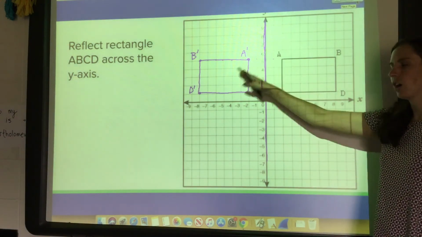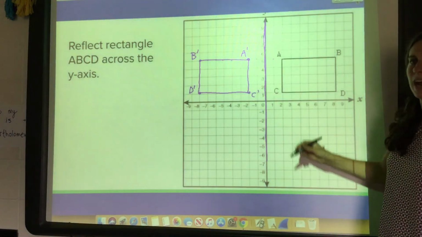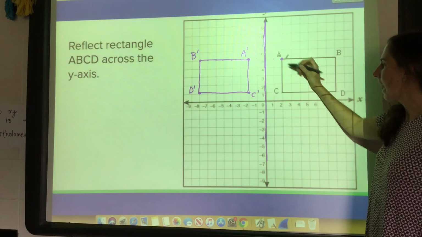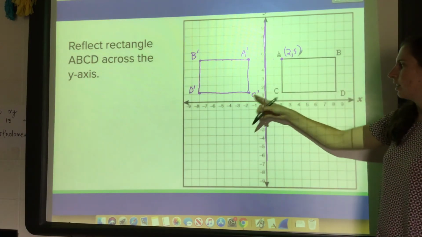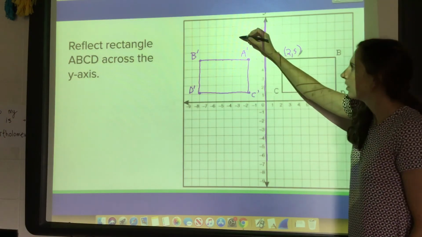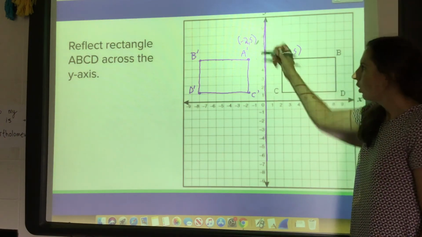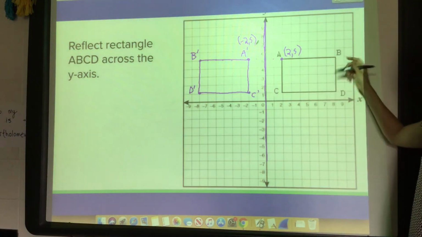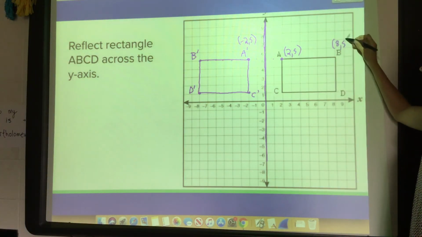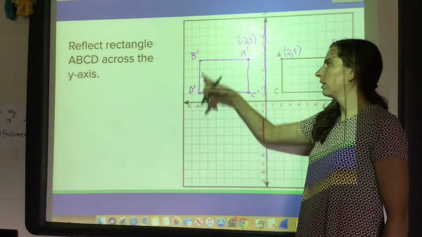If you reflect across the y-axis, let's look at what happened to the points. The point A was at 2, 5, and it became -2, 5. Or let's try another one. The point B was at 8, 5, and it became -8, 5.